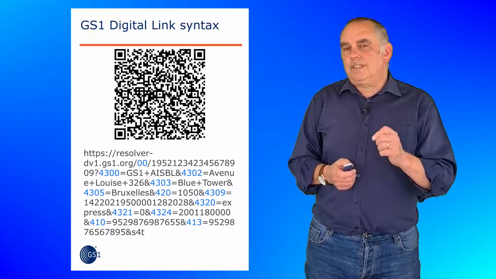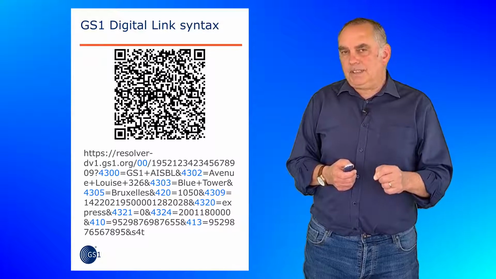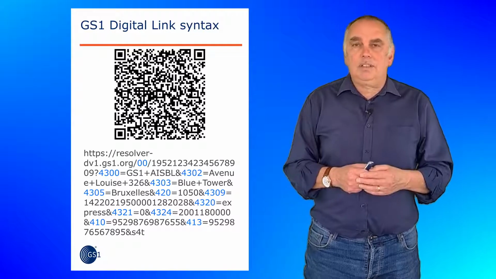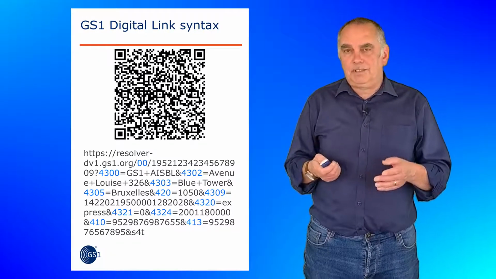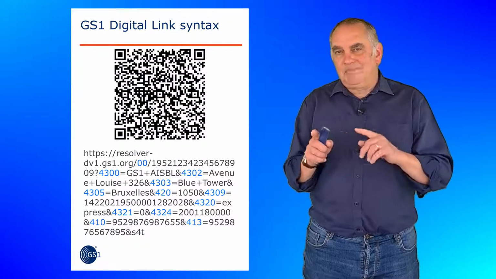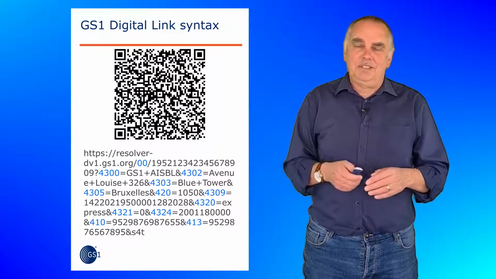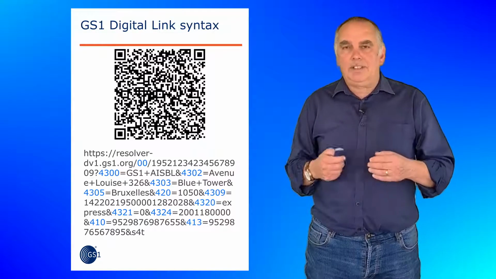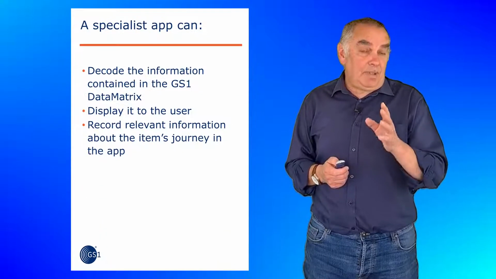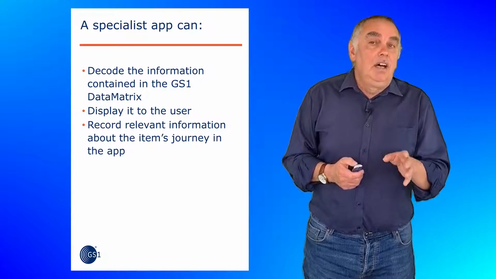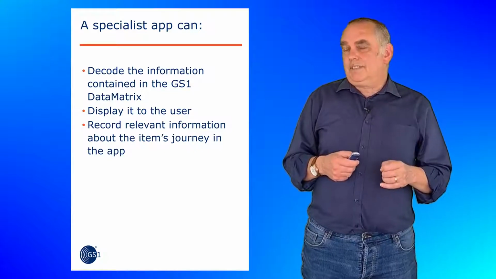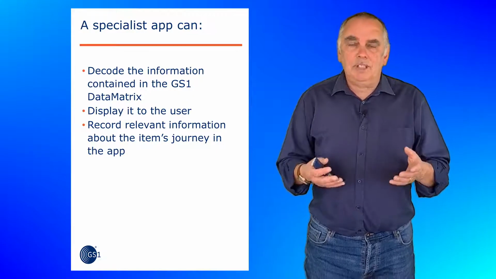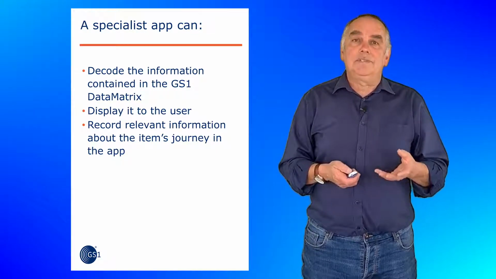If you encode those same Scan4Transport data elements in a GS1 Digital Link URI and put them in a QR code, you could put them in a data matrix as well, by the way. The syntax and the kind of code are independent of each other, but let's keep it simple: GS1 Digital Link URI in a QR code. And if you have a specialist Scan4Transport app, you can take out the Scan4Transport data elements, present them to the user, and the app can do whatever it needs to do with that identified item.